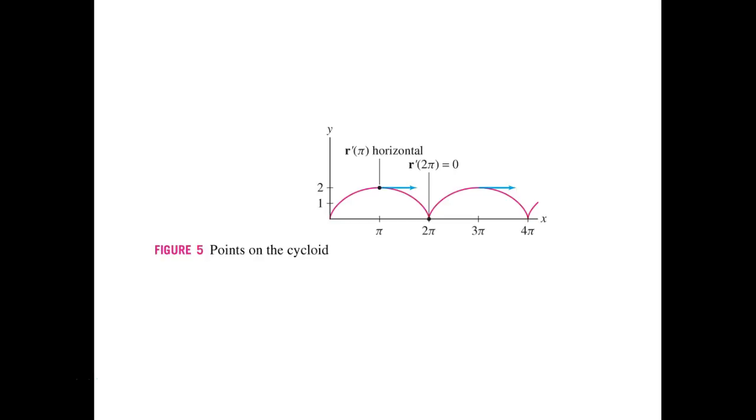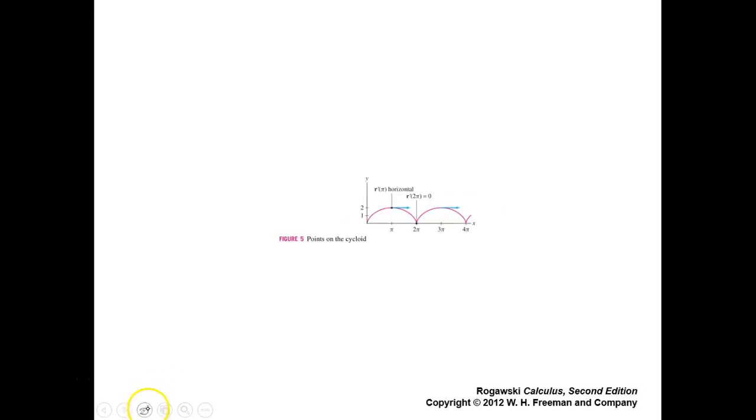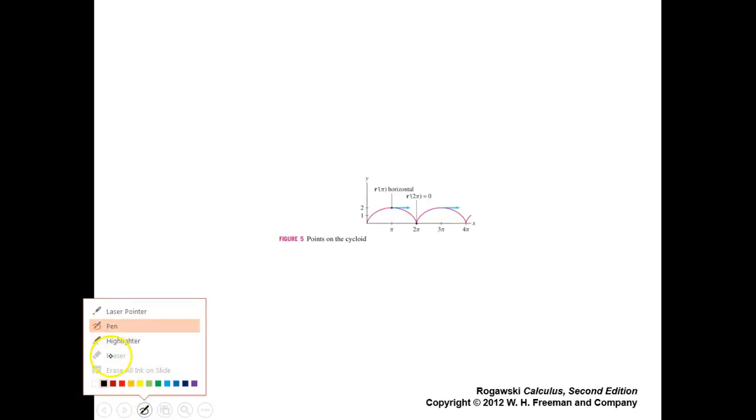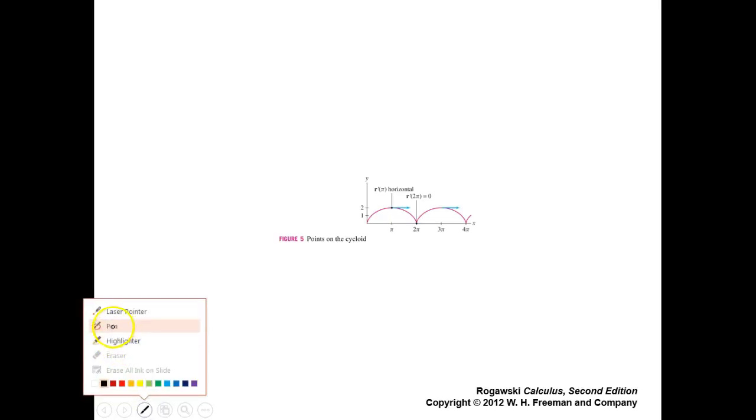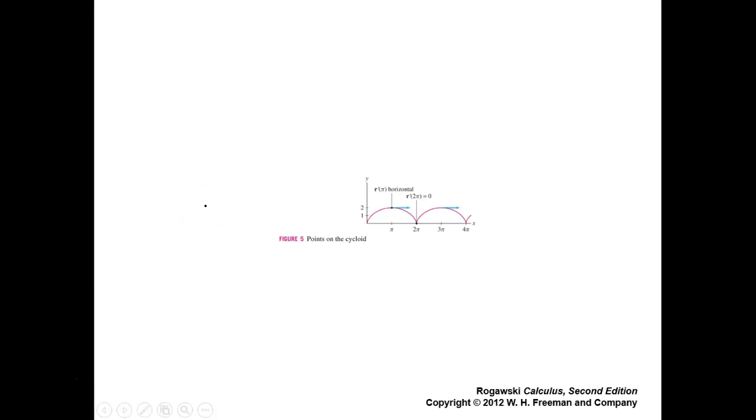This is the function for our cycloid, and of course when I go to write, it's going to shrink. Okay, there it is. It's hanging on to being a laser point.